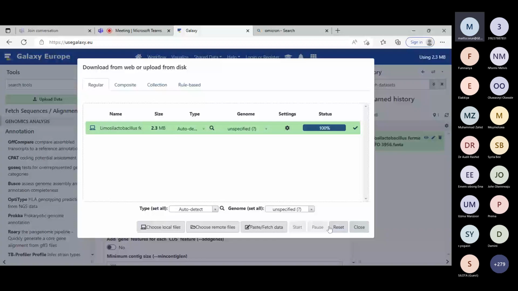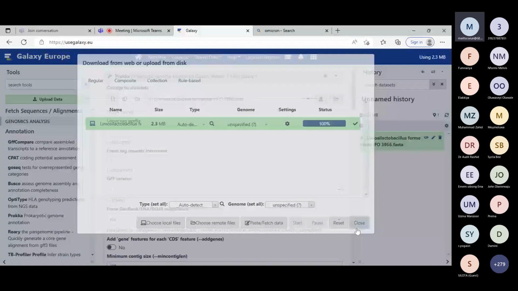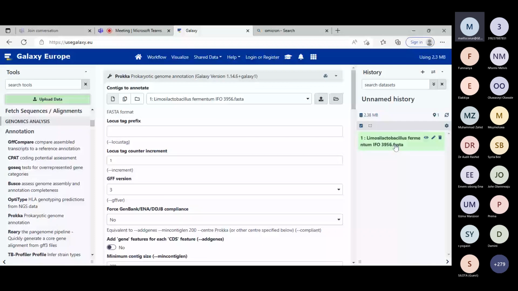So close it. As you can see, it's loaded here, and automatically it picked it. But if you have a lot of samples, you have to pick which particular one by clicking here.